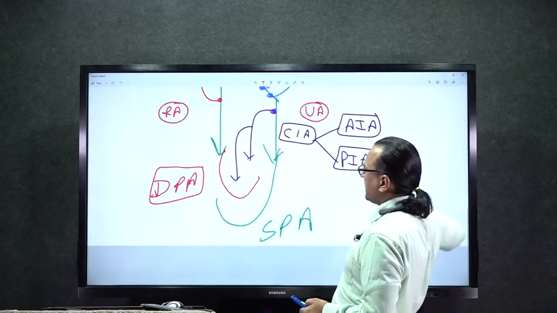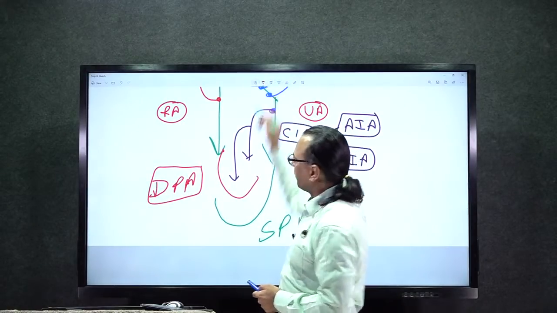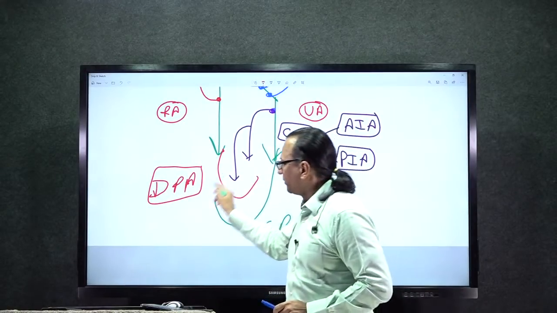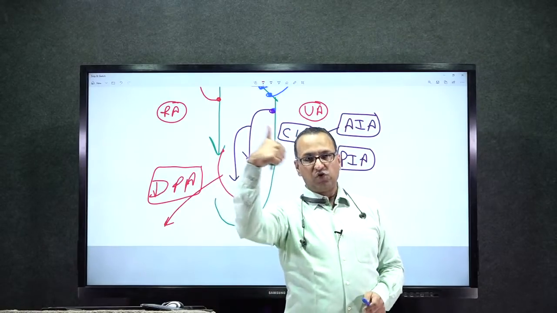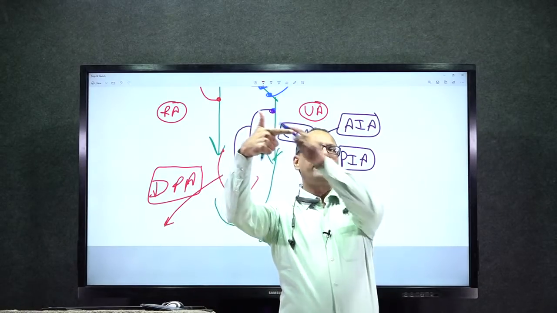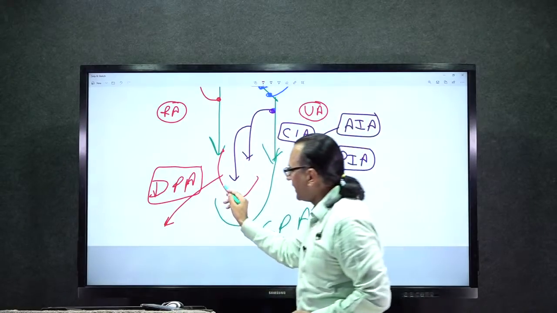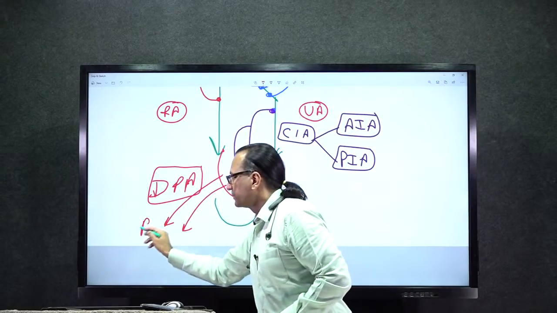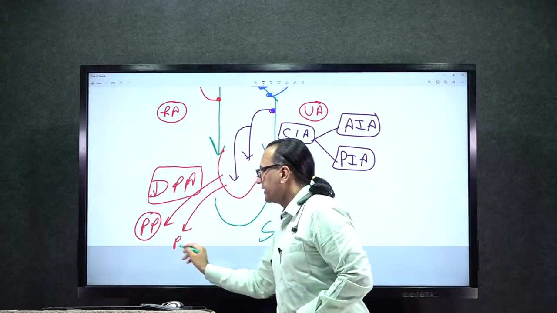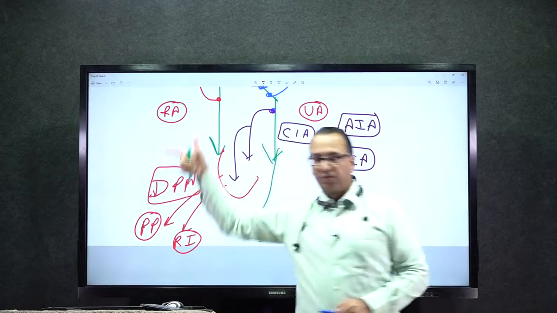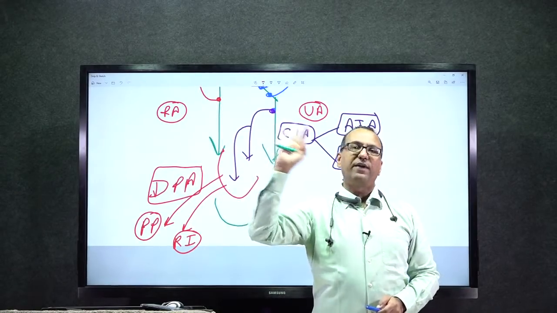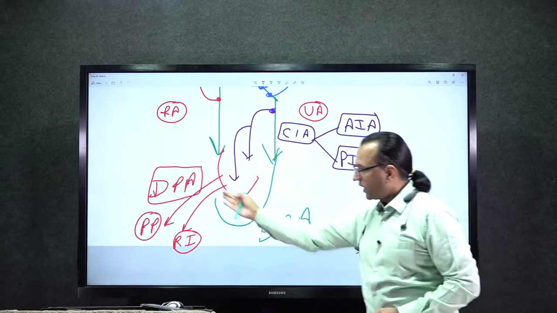You will notice that the deep palmar arch will give the branch princeps pollicis for the thumb, and for this finger, on the radial side, radialis indicis. So princeps pollicis and radialis indicis, that is 1.5 fingers. Otherwise, 3.5 fingers, which artery is supplying?